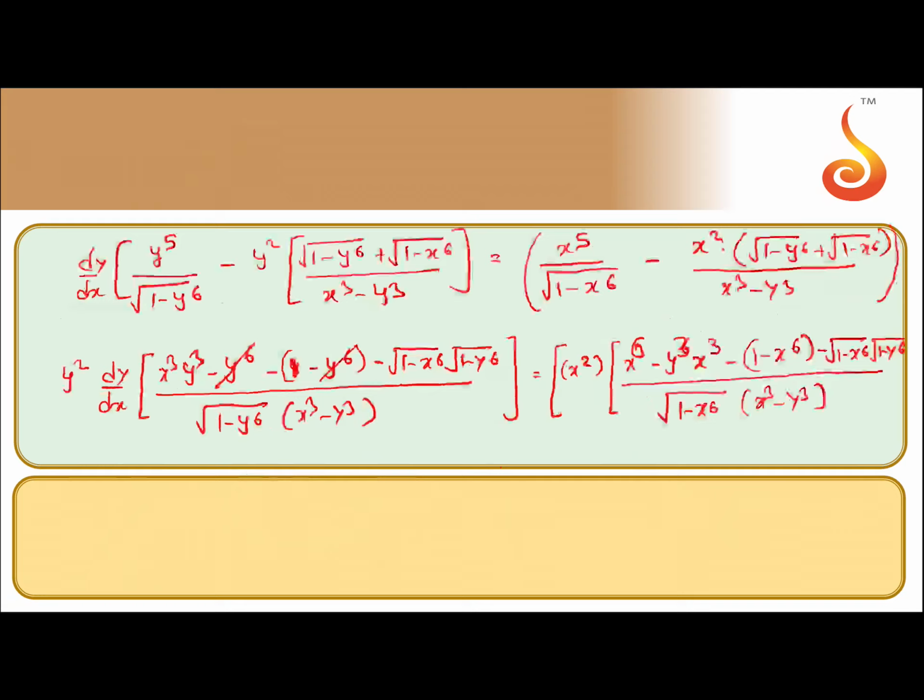Okay, here also when we multiply, this is x to the power 6 minus x cube y cube. Here also when we multiply, minus x cube y cube will come, because x cube y cube minus y cube will come.